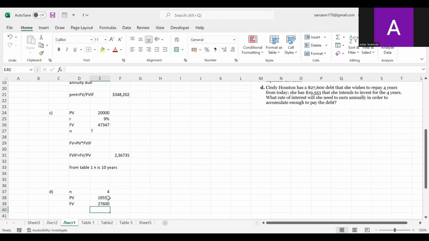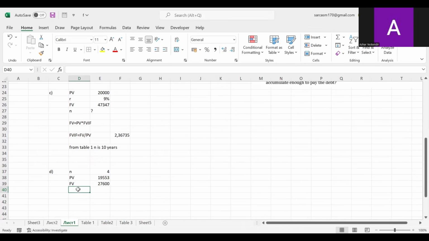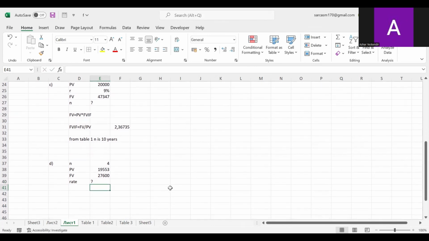What do I need to find? We need to find the rate. Rate is unknown. We have the formula again: future value equals present value multiplied by the future value interest factor.